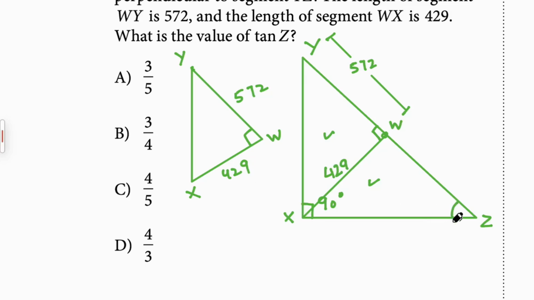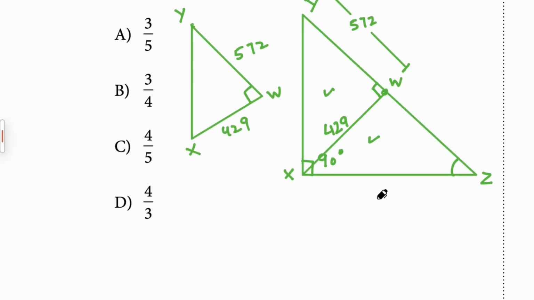And because tan Z is asked, why not take one full triangle? So I'll try to prove them similar. Let's try that. So here, triangle XYZ, and here I am taking triangle YXW, taking these two triangles.